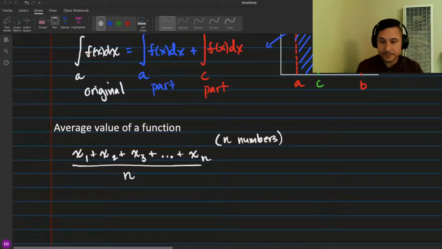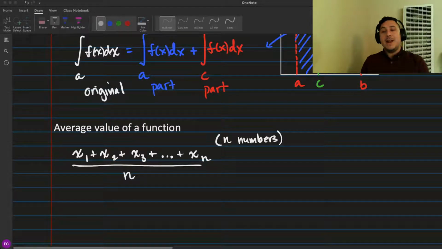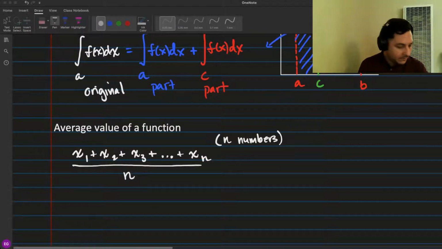Okay. Now, there's actually a quicker way to write this. Instead of writing x1 plus x2 plus x3 plus dot dot dot xn, what would be a more compact way to write this? We've learned about how to do this recently. Yeah, using sigma notation.